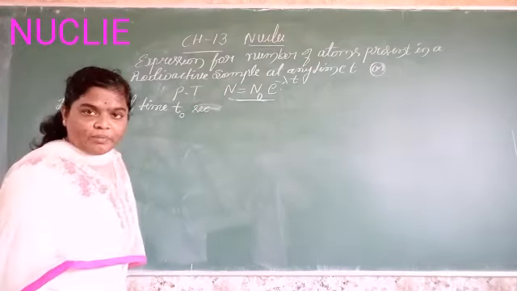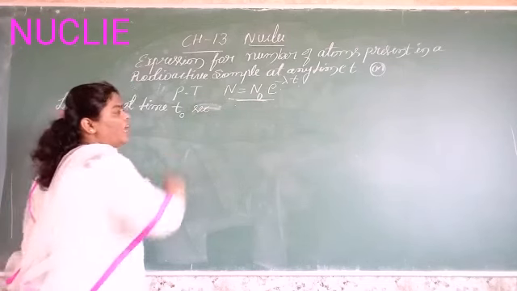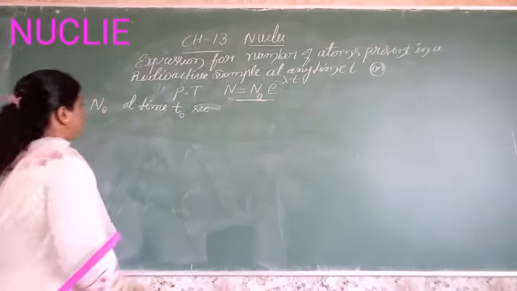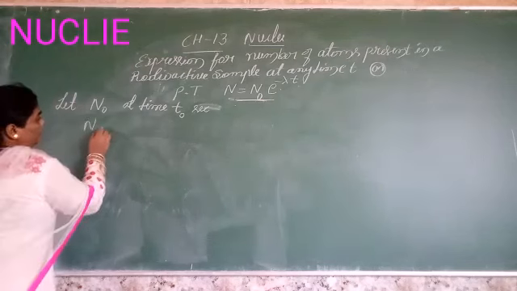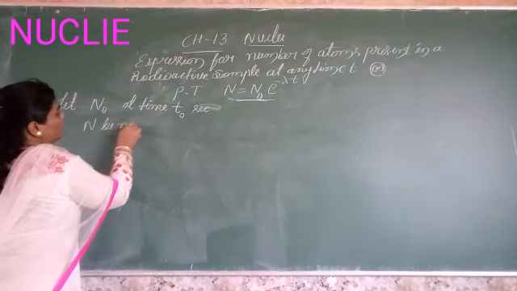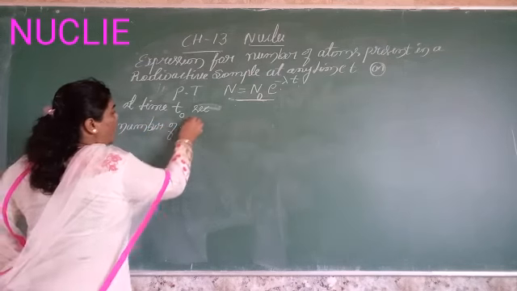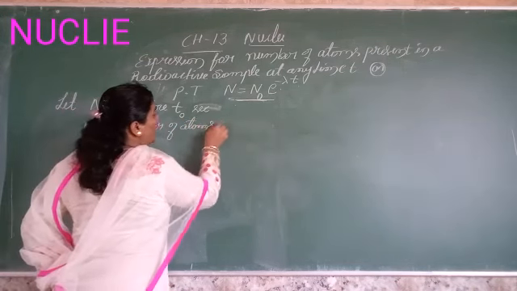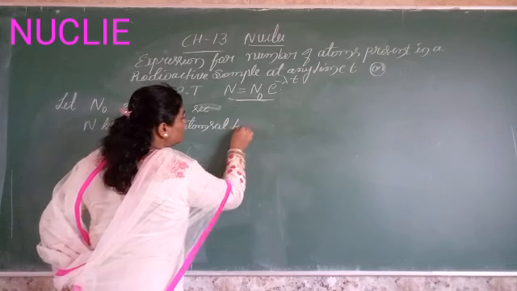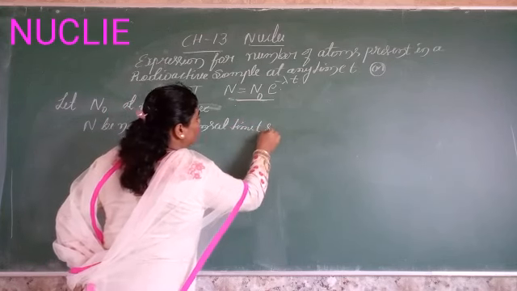Let N naught be the number of atoms at the time t naught second. Then N be the number of atoms at the time t second.